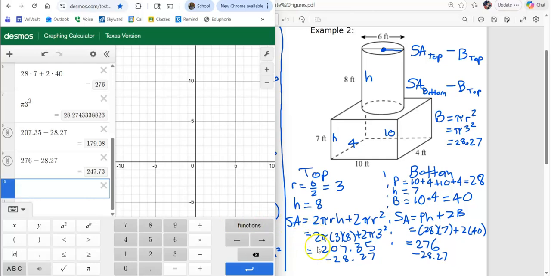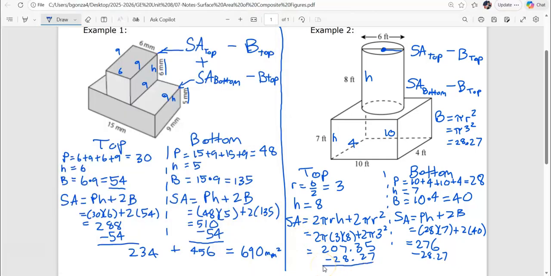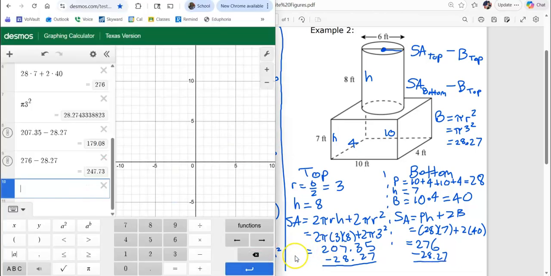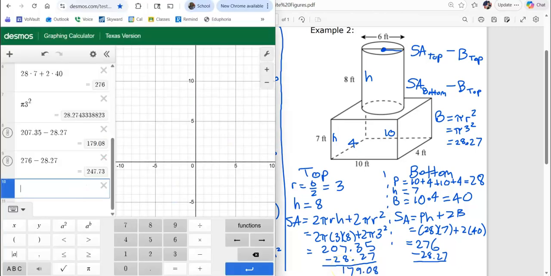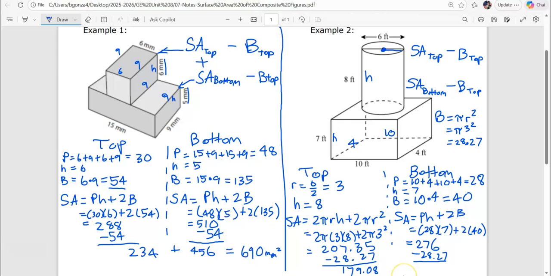All right. So after all that, I get 179.08. And then I get 247.73. I have to add those two figures together to make a composite.